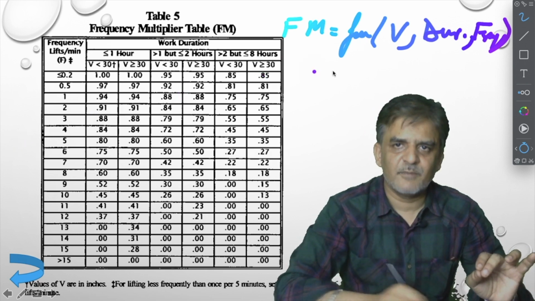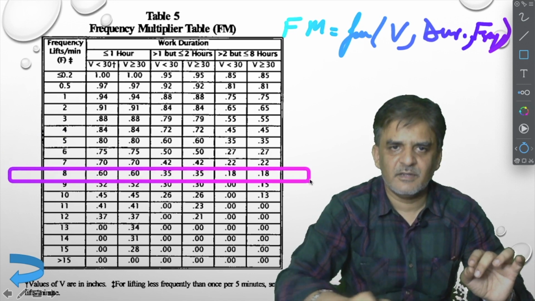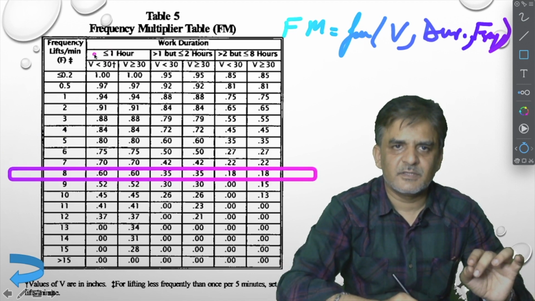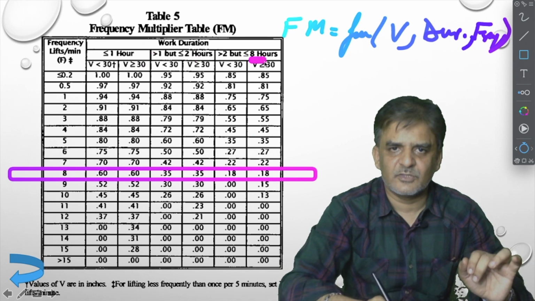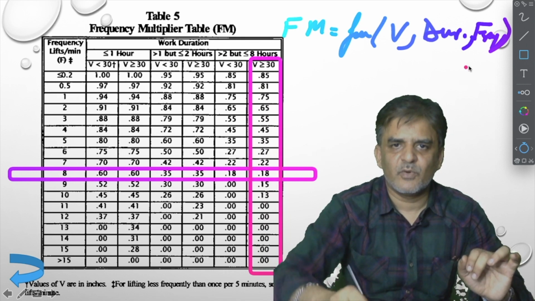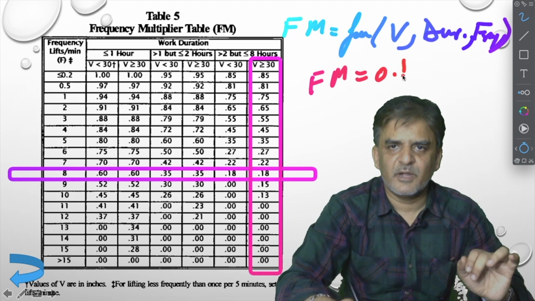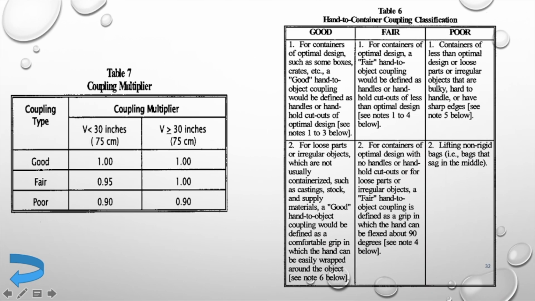So we can pick up a particular value. Suppose frequency is 8, vertical distance is less than 70, and it is an 8 hour job. So the frequency multiplier will be 0.8. So the next is the coupling multiplier.